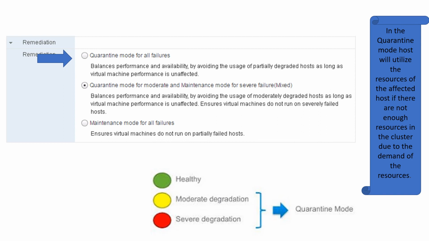In that case we cannot create any new VMs, but the VMs running in that cluster can use the quarantined ESX servers. If we have enough resources, all the VMs will be moved to other ESX servers. If not, quarantine mode will keep some of the VMs on the affected ESX server. That point we need to keep in mind.